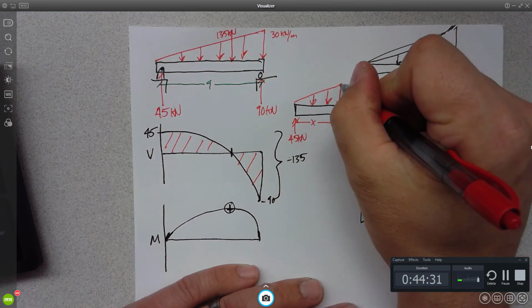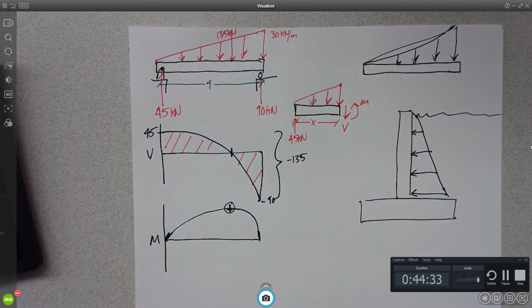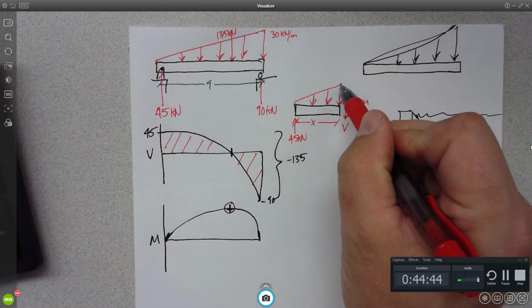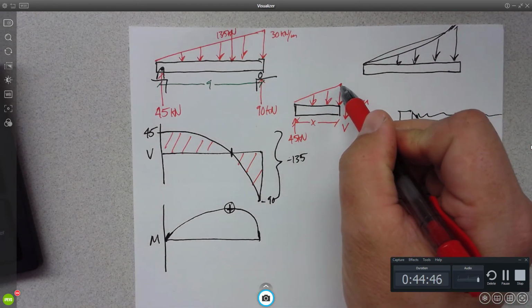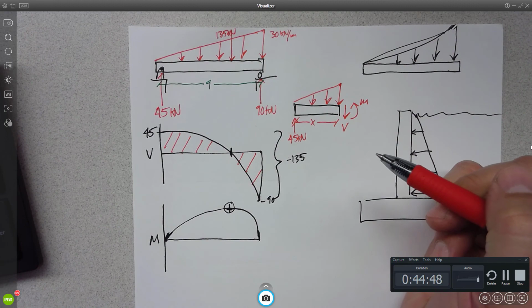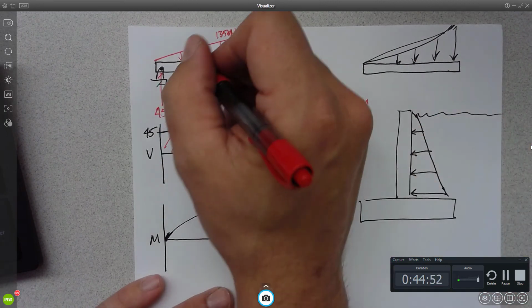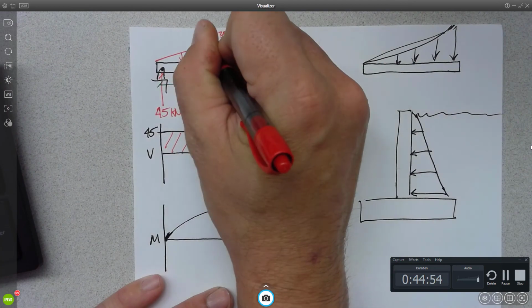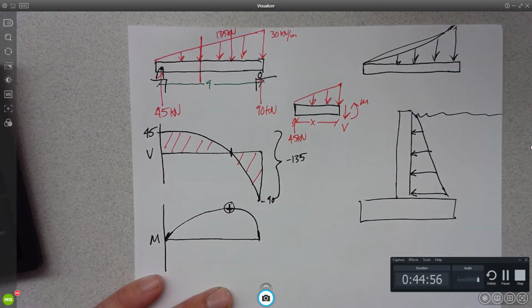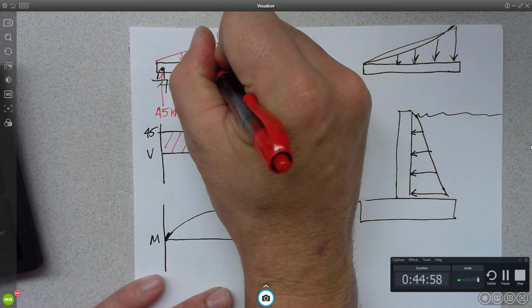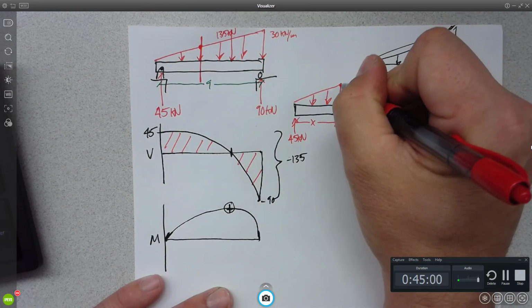What do I put on this right here? What do I put on this for the magnitude right here? Right, because I'm slicing the beam. Say I'm going to slice it right here. So I need to figure out what's the magnitude of the distributed load at that point so that I can put it on right here.